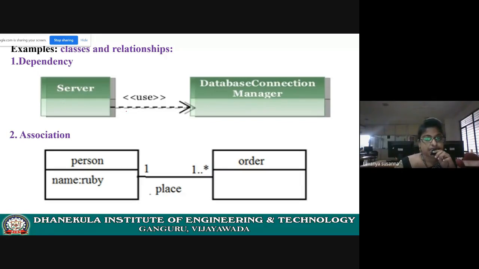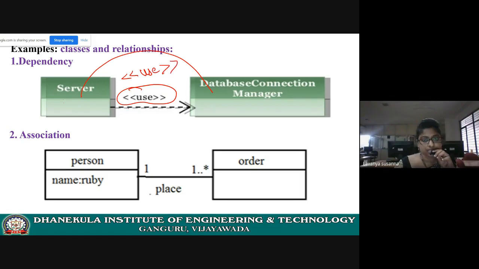Now see here. Server is dependent on database manager connection. If server wants to implement its operations, there must be a connection, right? In order to implement its operation, server is using the database manager. See here, stereotype use, you need to write the relation, using.